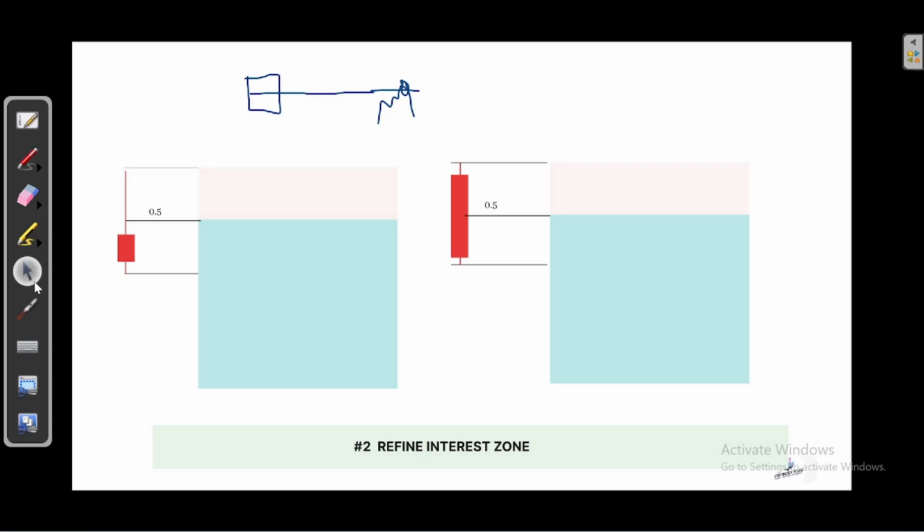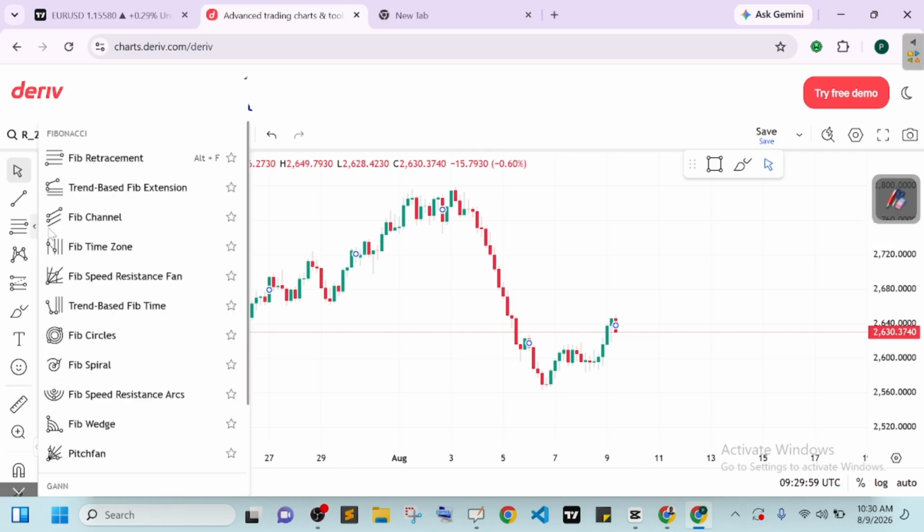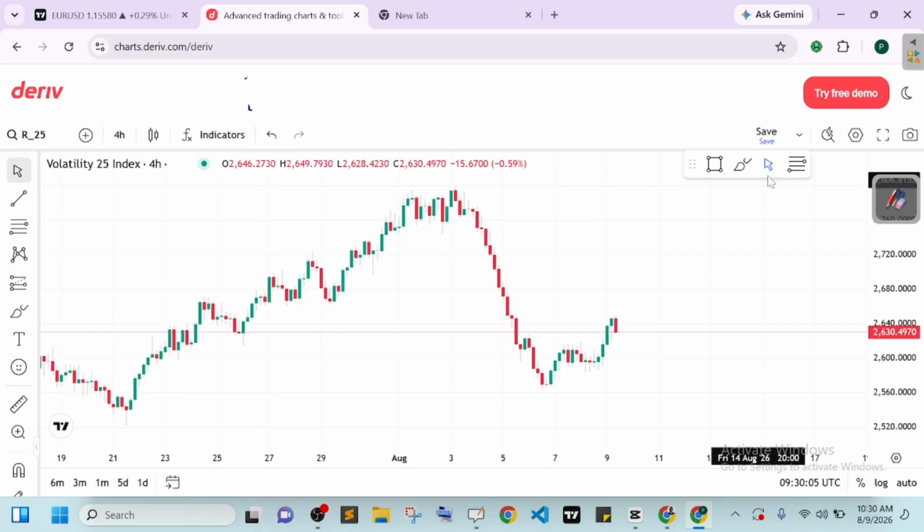Okay, now let me show you how to make use of Fibonacci on the chart. Looking at this chart, personally, I want us to make use of Fibonacci retracement, how to draw it.